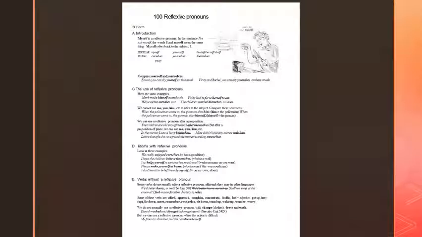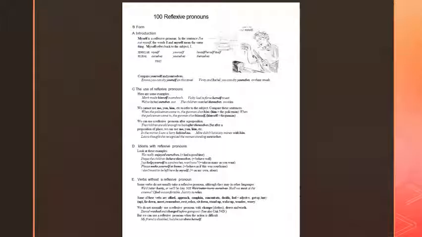So Mark made himself a sandwich. Who did Mark make a sandwich for? Mark made a sandwich for himself, or Mark made himself a sandwich. You can use it in both ways. You can either use it right after the verb, or you can use it in a way such as Mark made a sandwich for himself.